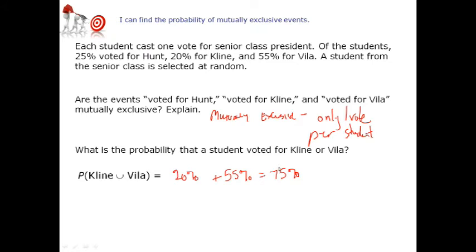So I hope you got 75%. Every student gets one vote, so they're mutually exclusive. 20% voted for Klein, 55% for Vila, so together 75%.